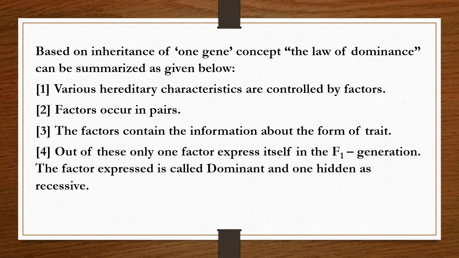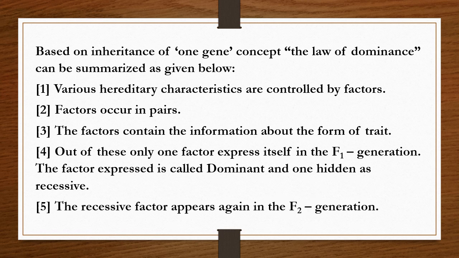Out of these, only one factor expresses itself in the F1 generation. The factor expressed in the F1 generation is called dominant, and the one hidden or suppressed is recessive.